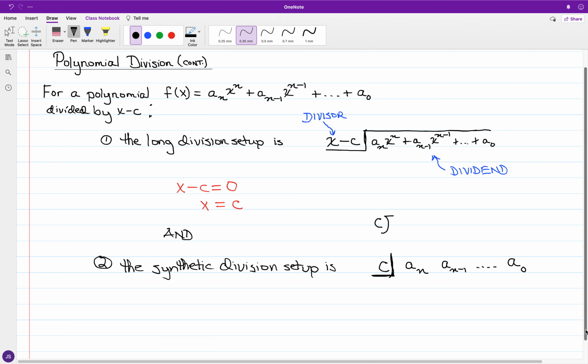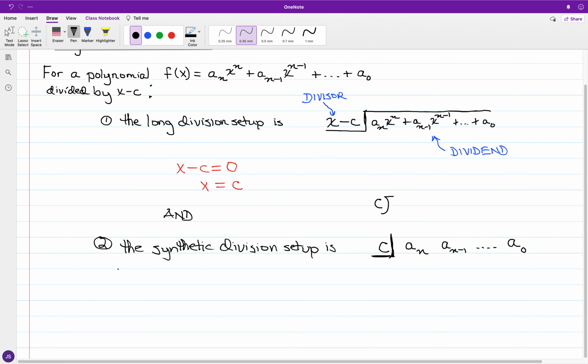Now, looking at an application, let's say we start out with long division and have the expression 7x to the fourth plus 2x squared plus 1 to be divided by x minus 1.